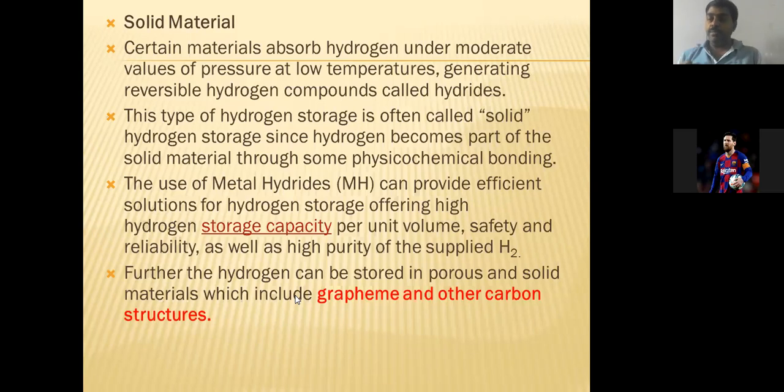If I keep graphene material near hydrogen, whatever hydrogen leaks will be absorbed by this graphene material. This is a special advantage with graphite or carbon fiber materials also, which absorb the hydrogen. These solids which absorb hydrogen are called metal hydrides.